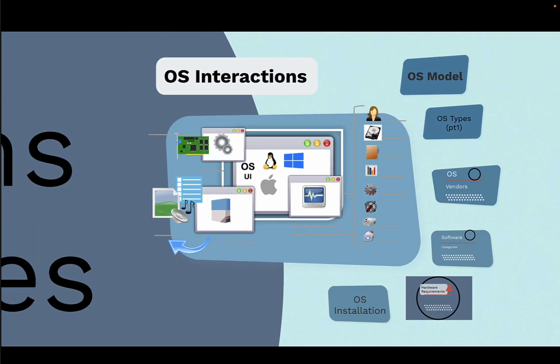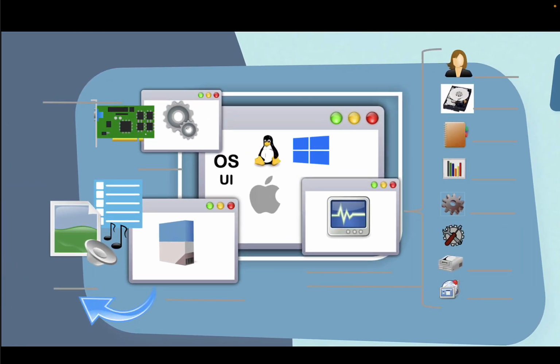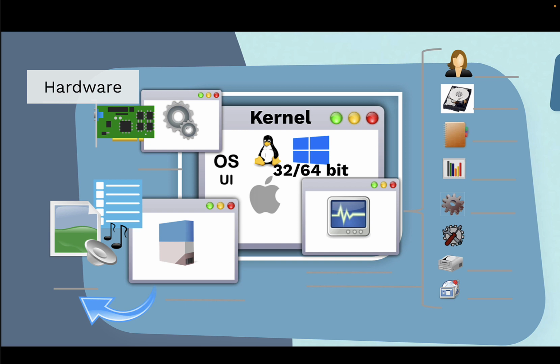If we look at the interactions that people have with the operating system, it's something like this. When you look at the operating system, you've got to think about the core, the heart of the operating system, which is referred to as the kernel. As of right now, we have either 32-bit or 64-bit operating systems. These operating systems help interact with the different hardware.